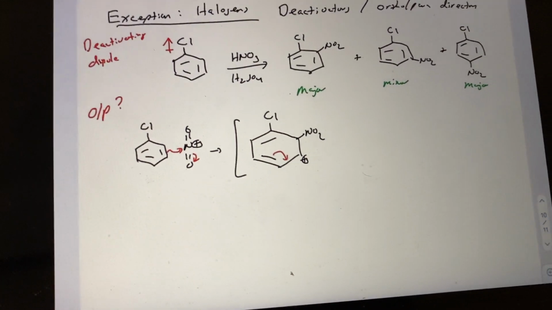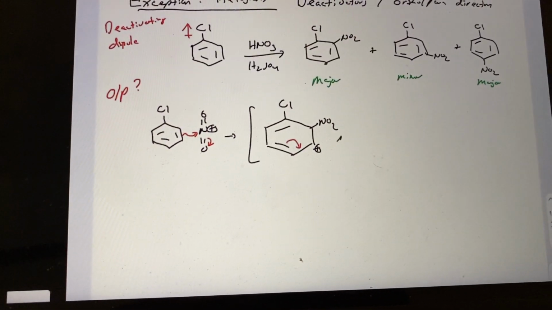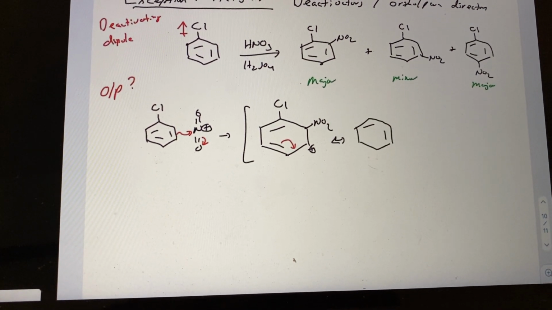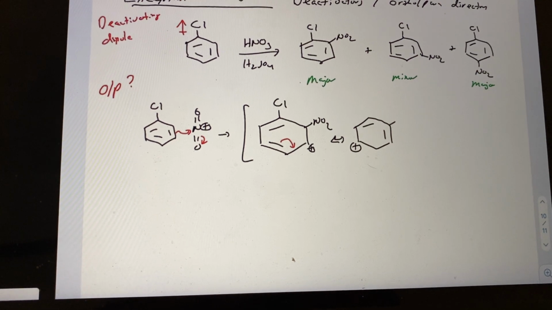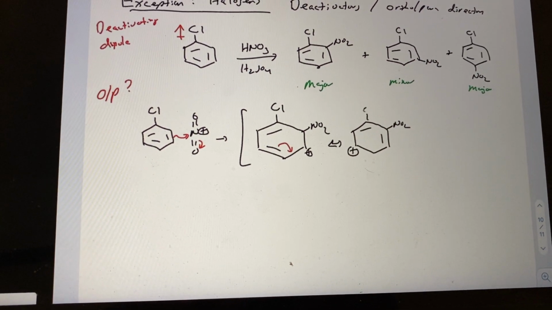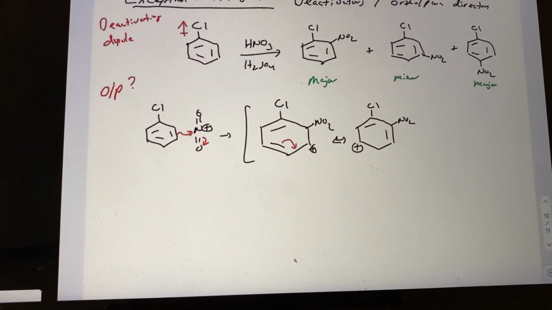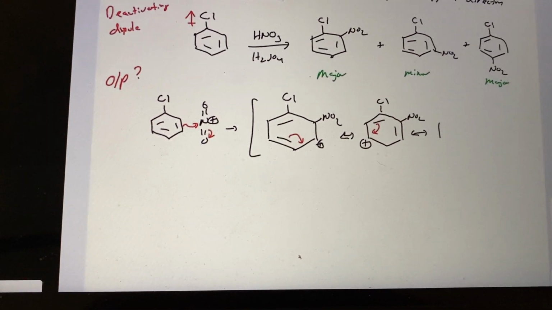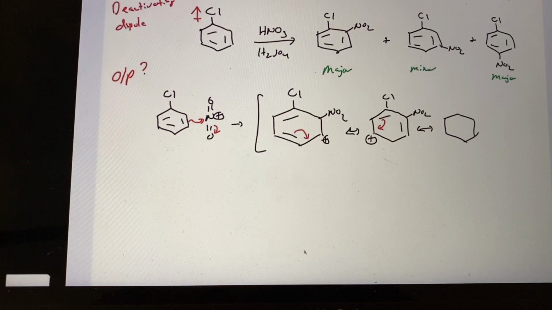So now let's draw our resonance structures. Still have the nitro there, chloro. So we're doing exactly what we did actually with the hydroxyl group.